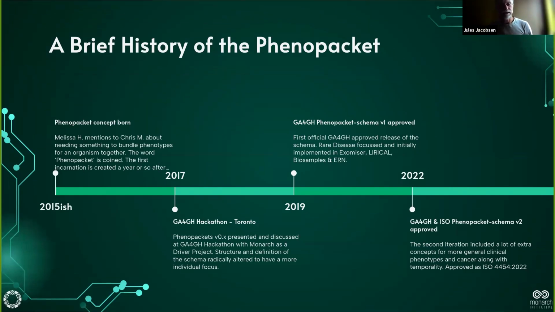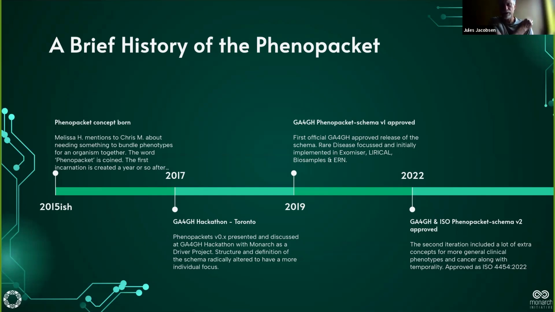A little bit after that, we got together and started trying to figure out what a Phenopacket is really supposed to look like. We had an idea of what ought to go into it, but there was quite a lot of scope we could have gone through. So it took a couple of years to come to something that was mostly usable.